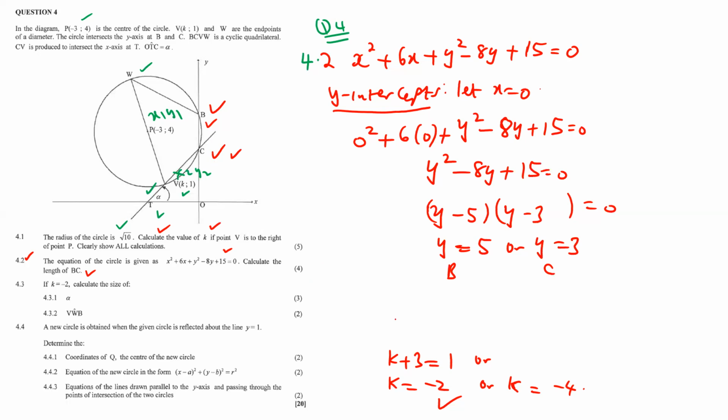So now we want BC. BC can be seen as the largest one, which is yB minus yC. What is that? It is 5 minus 3, which is 2.